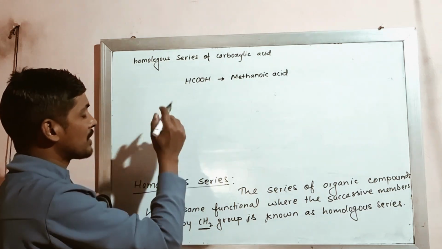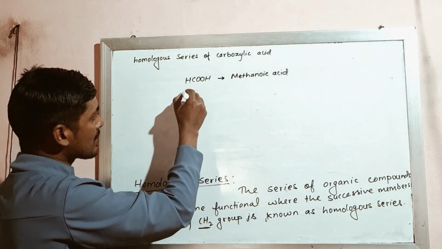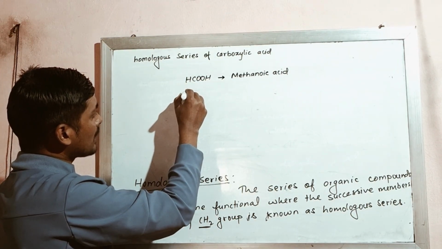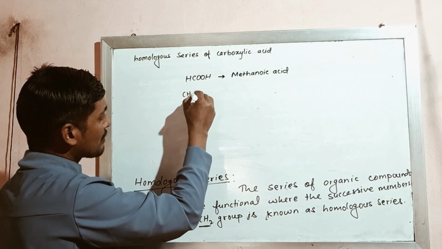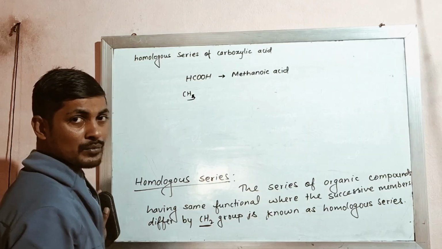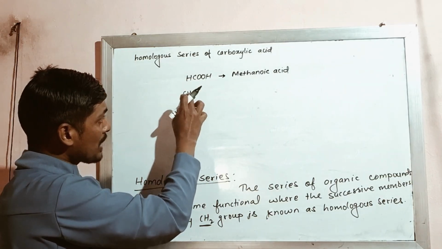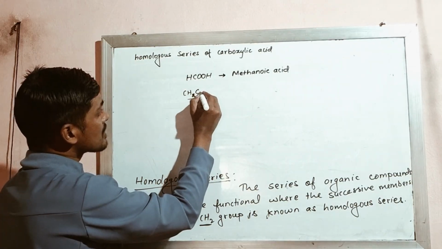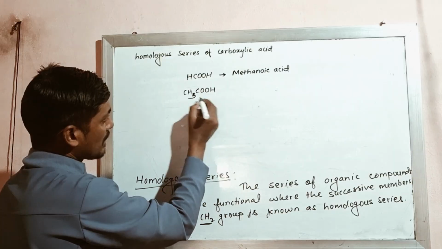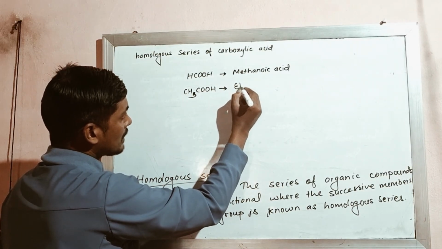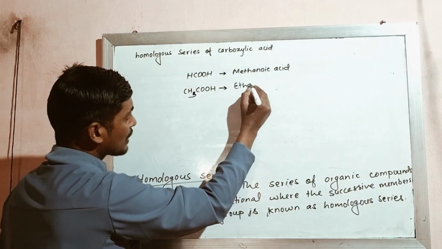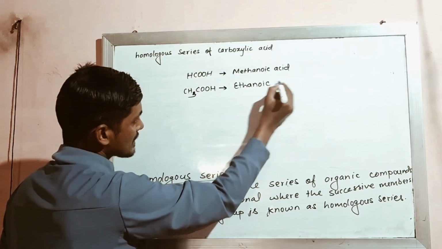Just add CH2 here. We can write CH3COOH. Now there are two carbons, so the name will be ethanoic acid.